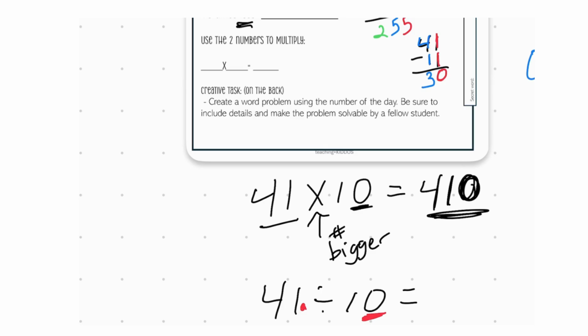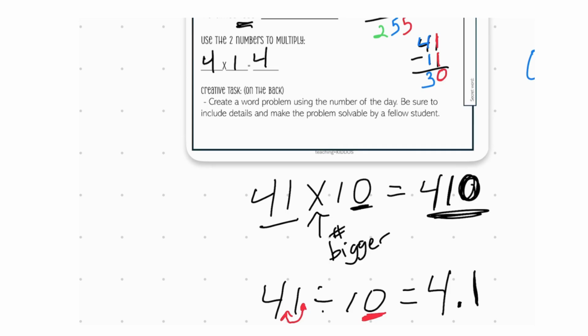If we move the decimal point over one time, the new number becomes 4.1, or 4 and 1/10. So 10 times less than 41 would be 4.1.